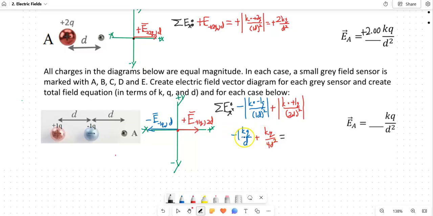So we pull out a KQ over D squared, and this is going to be negative 1 plus 1/4. So this is going to be KQ over D squared times a positive 3/4. So your answer here will be positive 0.75.